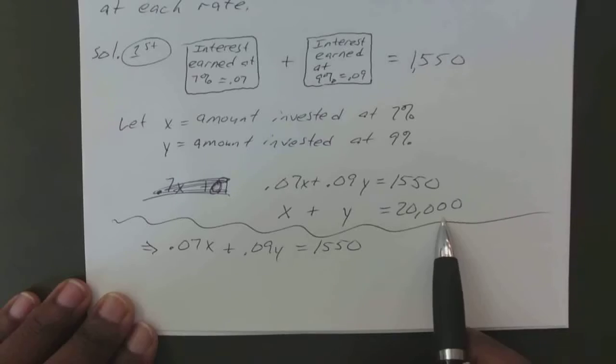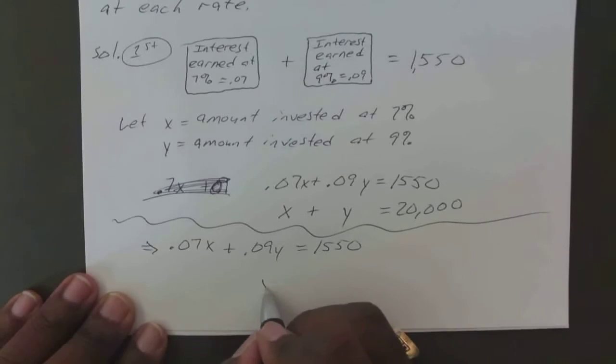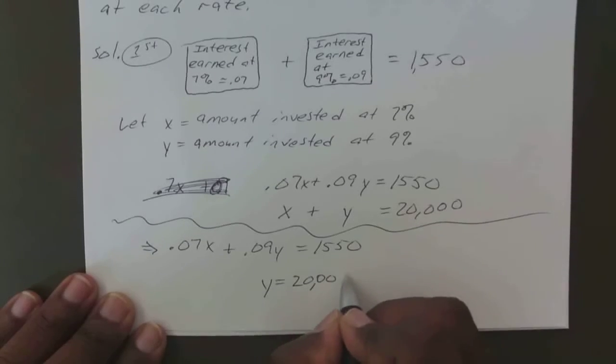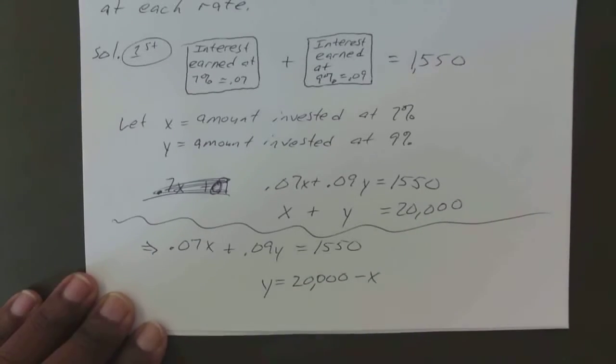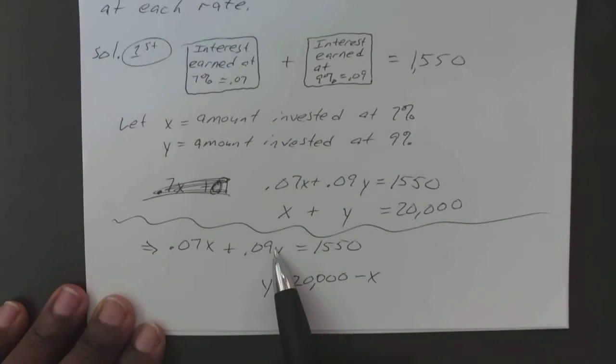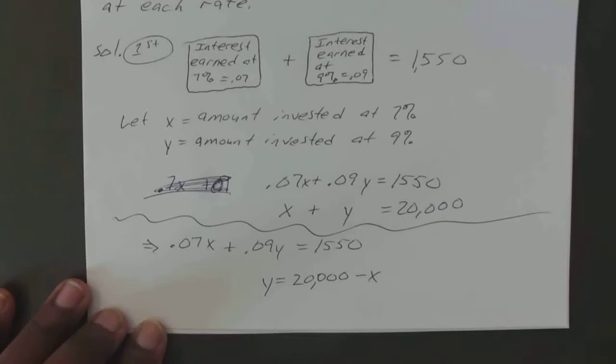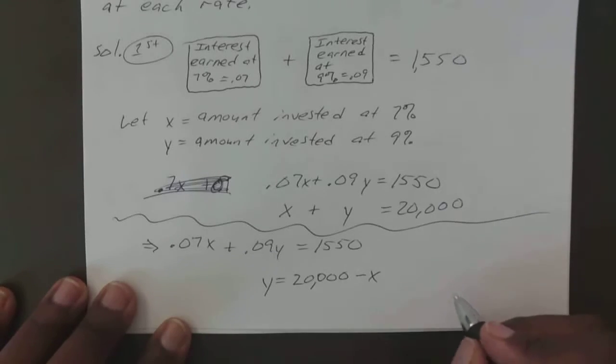We subtract x from both sides, we have y equals 20,000 minus x. Which means all we have to do is plug this in here, and we can just solve for x. It'll make it a little bit easier. I'll leave that up, and I'll continue that on the next page.